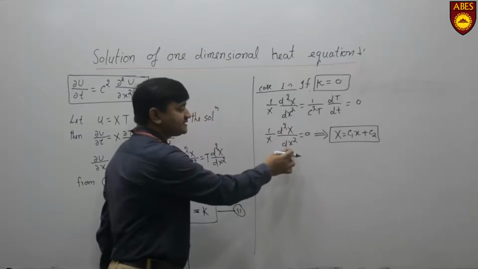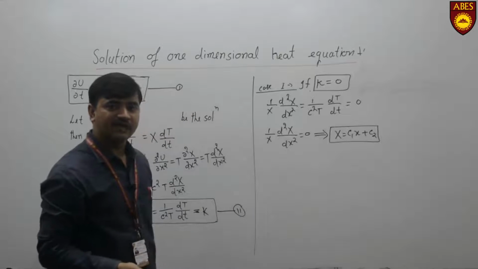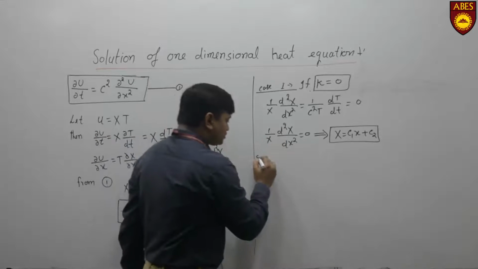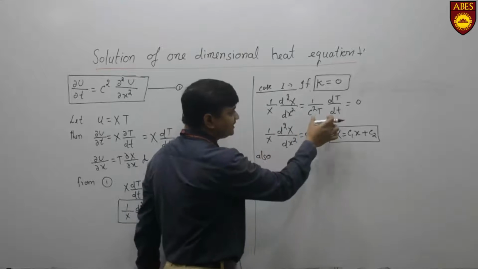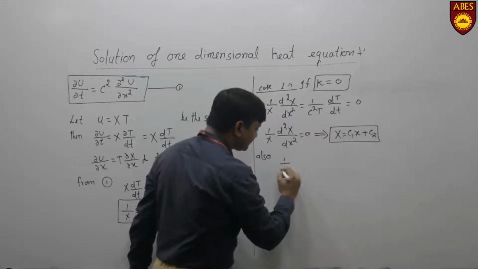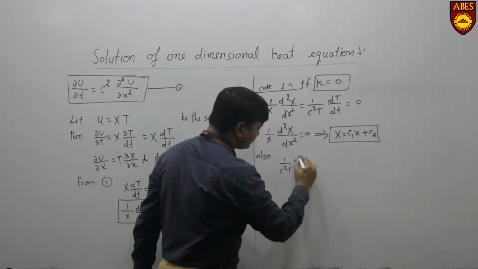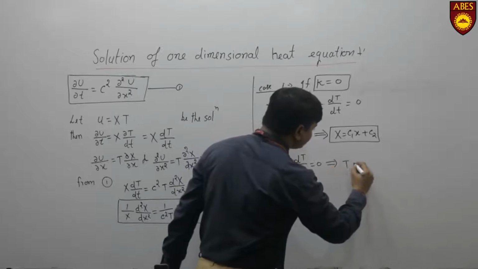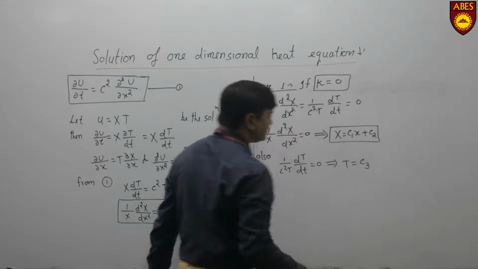As the left hand side is a second order derivative, the solution will be given by just integrating 2 times. Also, when we take the term of T, here we get the solution as c3.